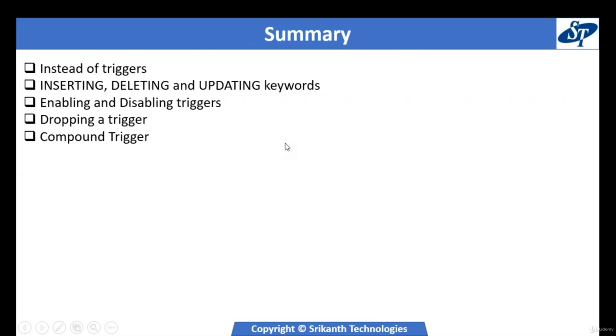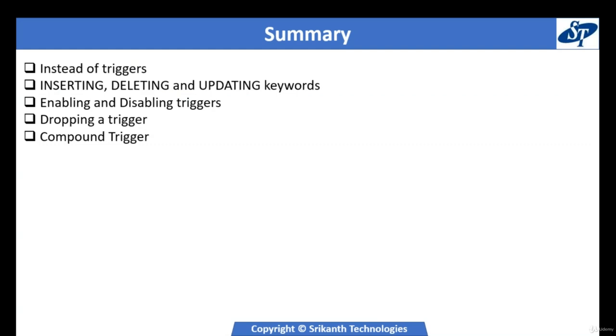So in this lesson, we started with instead of trigger. Instead of trigger is used only with views, specifically the views which are not allowing you to update base tables. You can overcome that limitation by using instead of triggers.